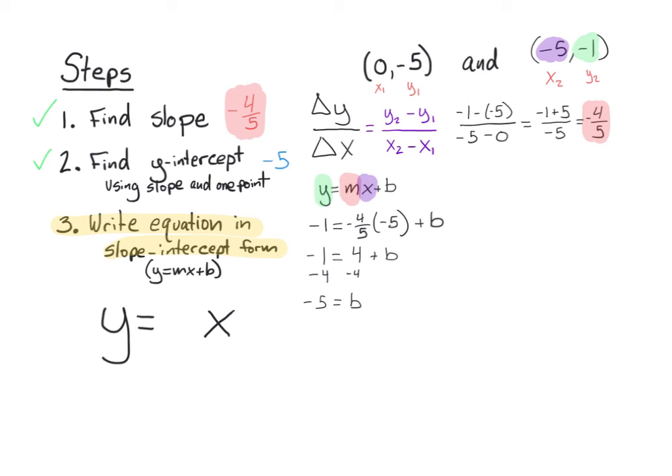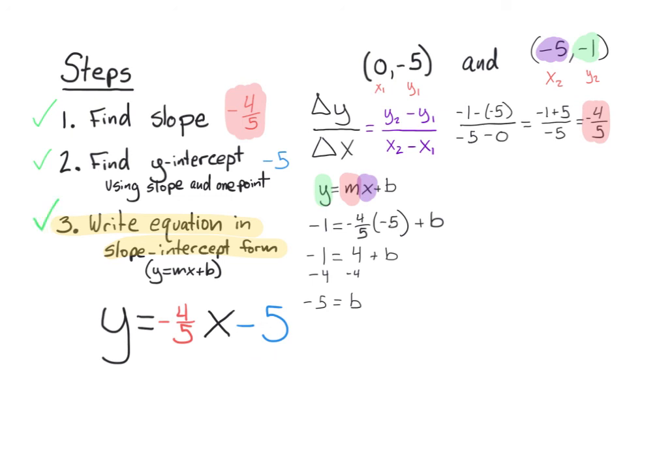M we're going to replace with the slope we found in step 1. In this case, that's -4/5. B we replace with the y-intercept we found in step 2, in this case, -5. Note, I don't say plus -5 here. I change this to minus 5.